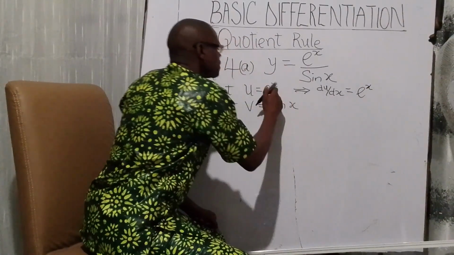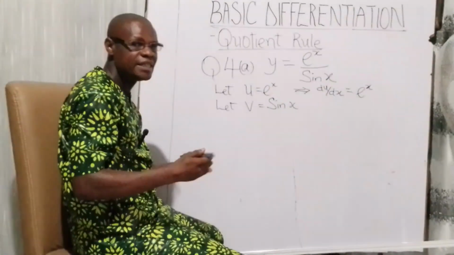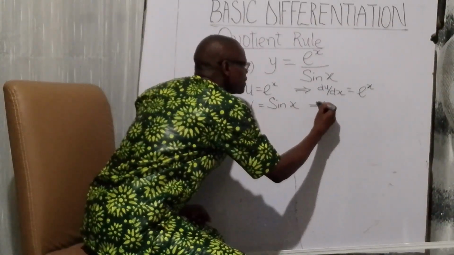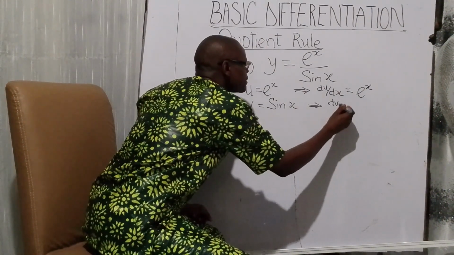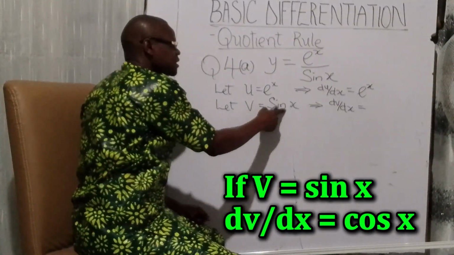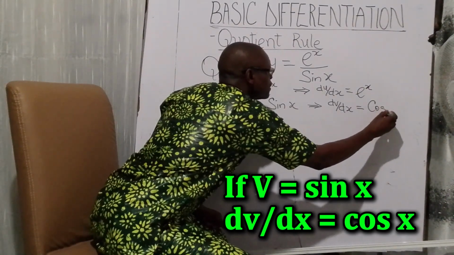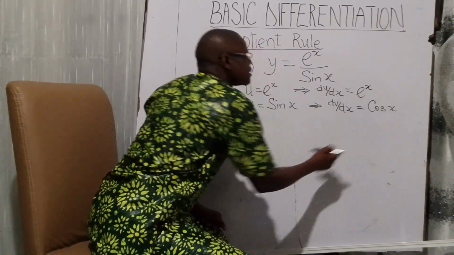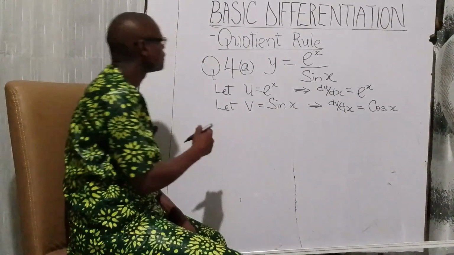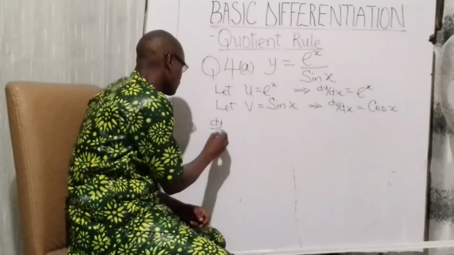So e raised to power x will still give you e raised to power x when you find the derivative. Then dv/dx, that is differentiating sine x, gives cos x, as we saw in the previous solution. Now let's find dy/dx.